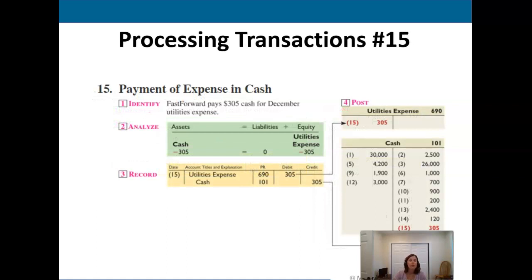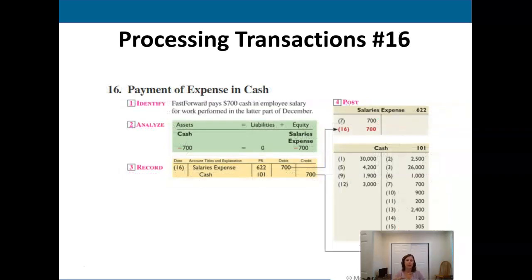Okay. So we've paid some expenses for cash. We had some utilities that we paid. So again, when we record an expense, that's a debit. Our cash again goes down as a credit as a result of having paid out that money, and then recording in the individual ledger accounts.